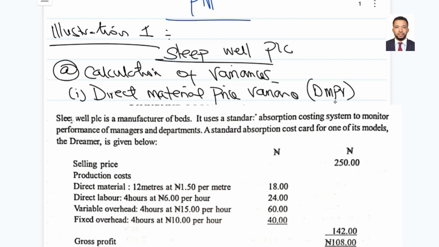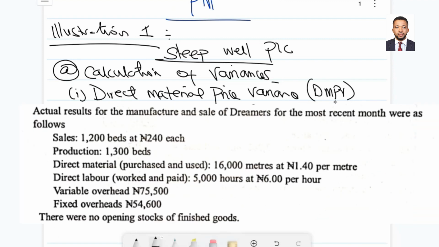Now, I'm trying to calculate direct material price variance. It means my emphasis is the reason why this 1.5 that I've budgeted is not the same as how much we actually spent. If you go to the actual result, direct material purchased and used is 16,000 meters at 1.4. So the difference I'm trying to get is between that 1.5 and this 1.4.